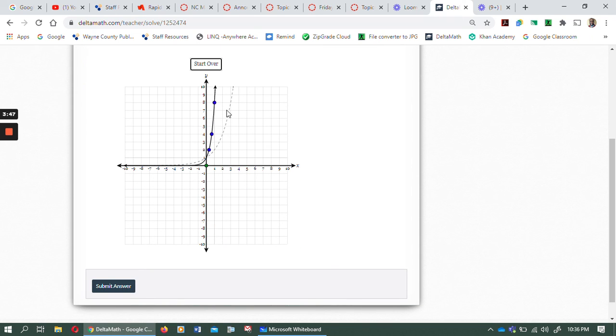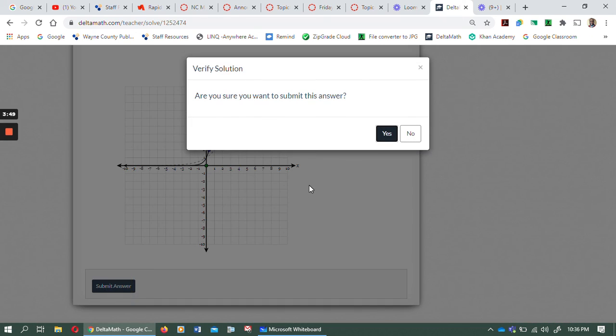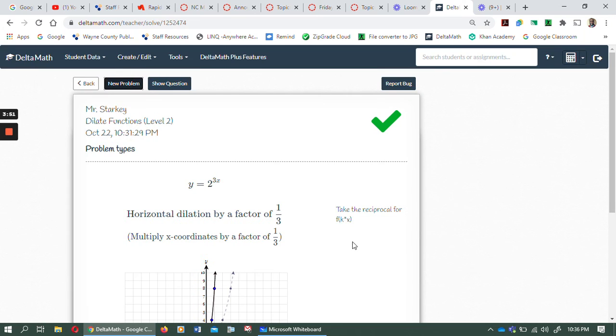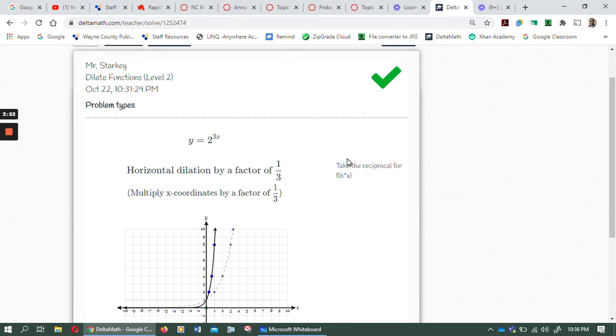Let me just show you what Mr. Stark says, so you know what he's talking about. It even tells you here to take the reciprocal of the number being multiplied on the inside. The reciprocal of that number is 1/3, and that was the scale factor we used.